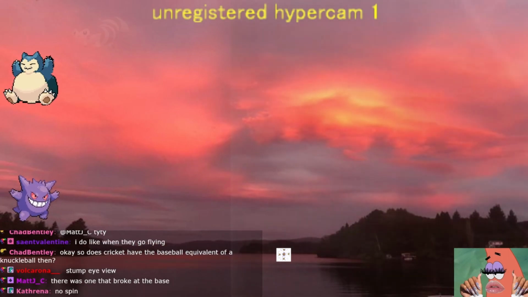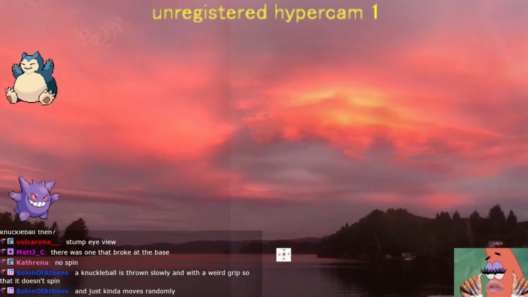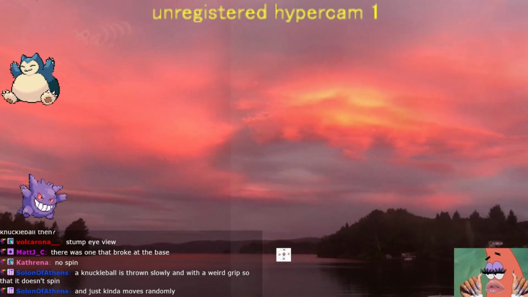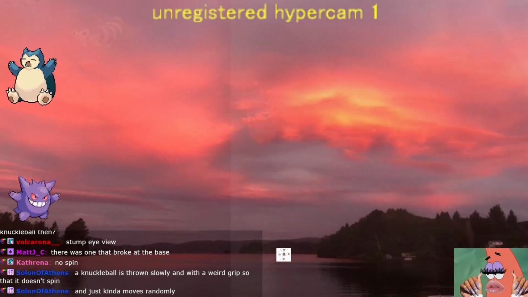But a knuckleball is thrown slowly with a weird grip so that it doesn't spin. Yeah, that'd be a slower ball. You would bowl cross seam and slower, and it is harder to read.